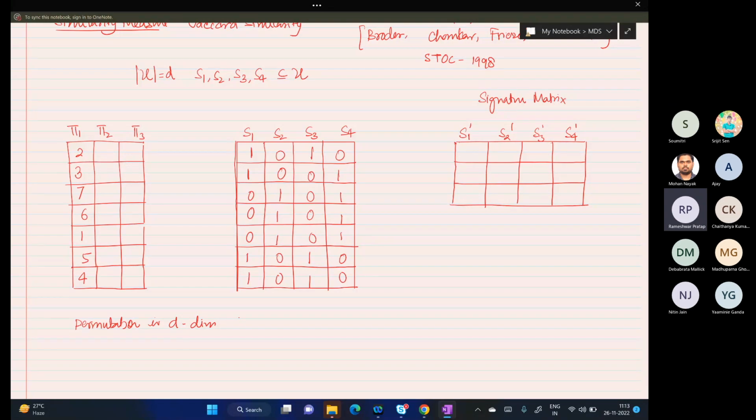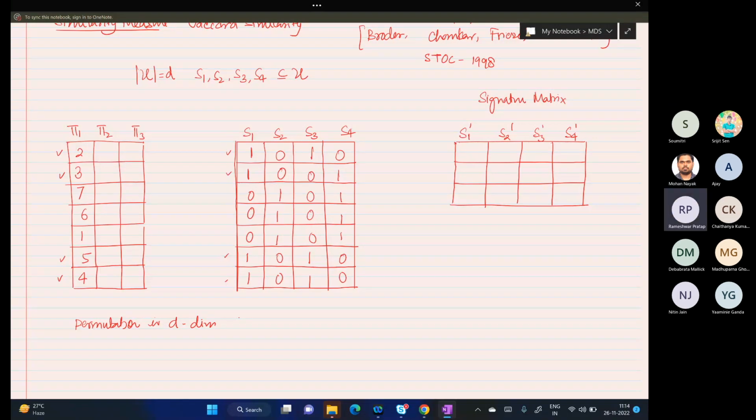For S1, we have 1 at this position, this position, this position, and this position. Corresponding to these positions, the permutation values are 5, 4, 2, and 3. So we see the minimum of 2, 3, 4, and 5, and the minimum is 2.